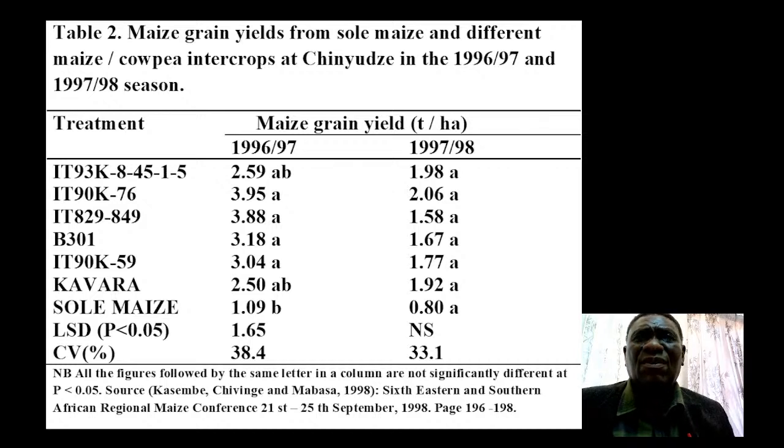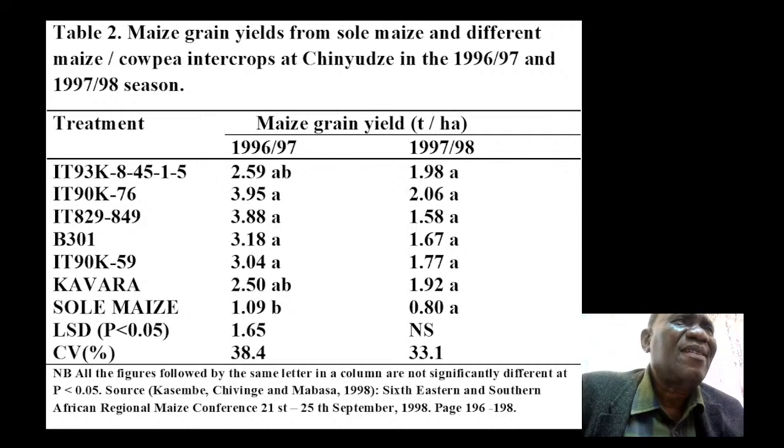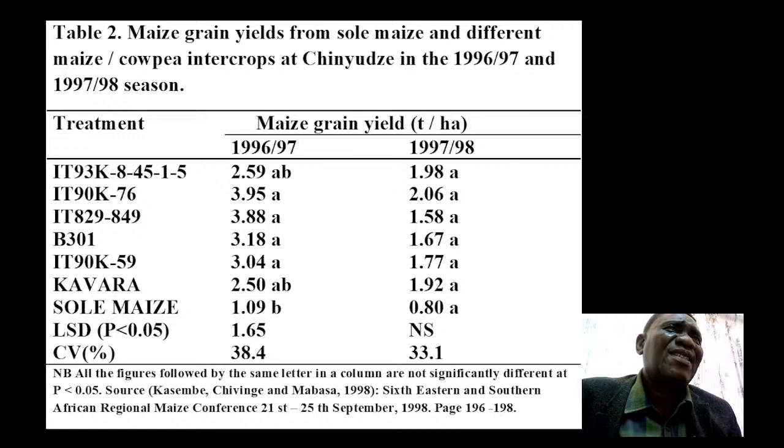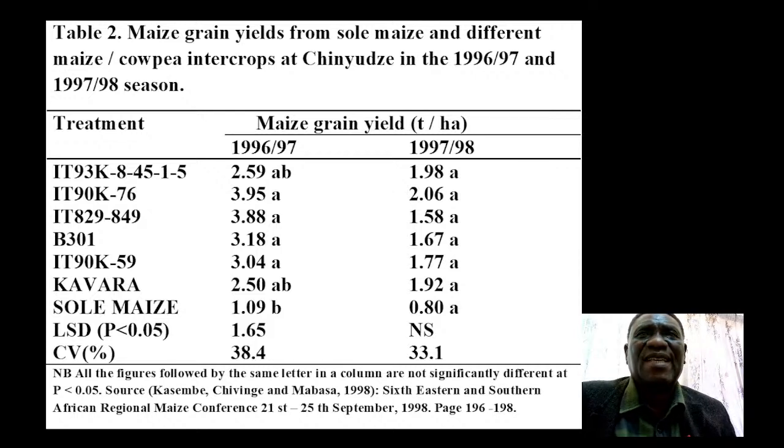Now, this was reported by Kasembe. Just on these two tables, you can see that it didn't matter which cowpea, as long as you mixed the maize and the cowpea, the yields were always increased.